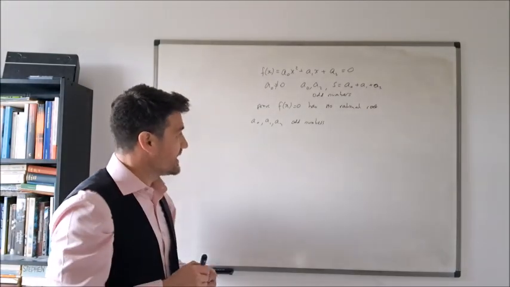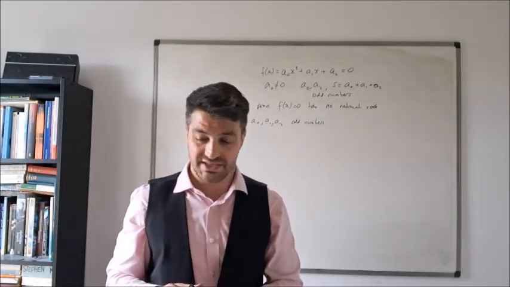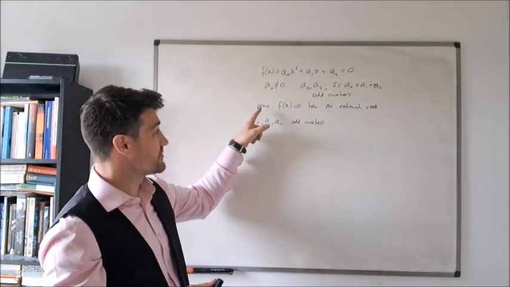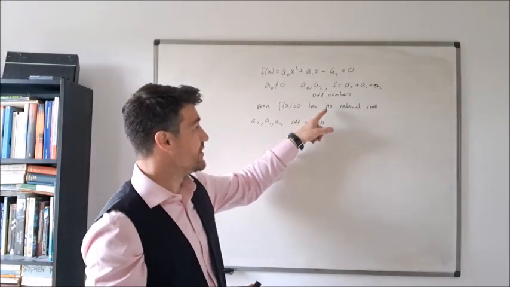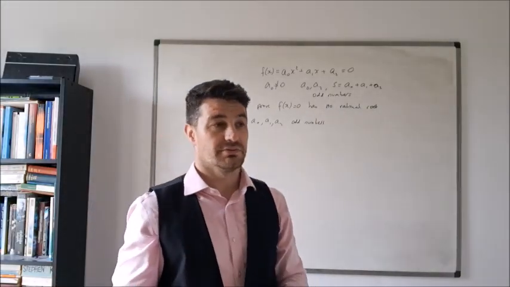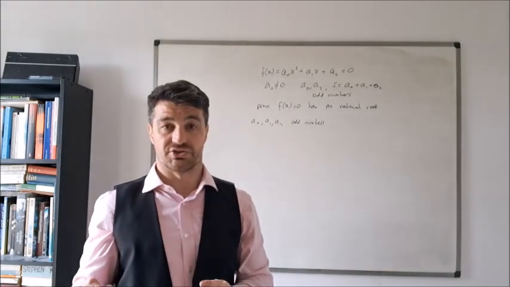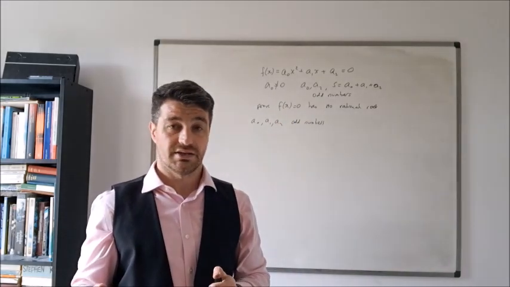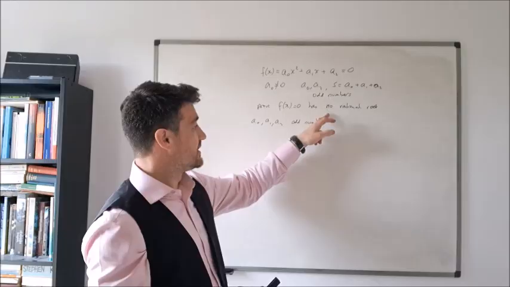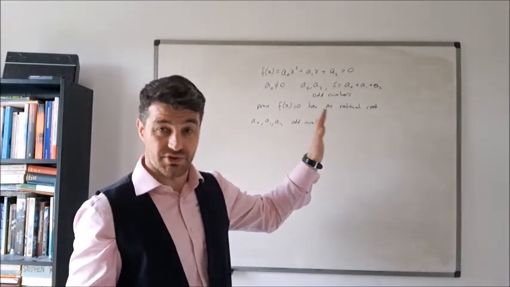So what I'm going to go for here is a very common technique in mathematics. We want to prove that f of x equals 0 has no rational root. What I'm going to do is assume that f of x equals 0 does have a rational root. So I'm going to assume the negation of what it is that I'm actually wanting to prove.